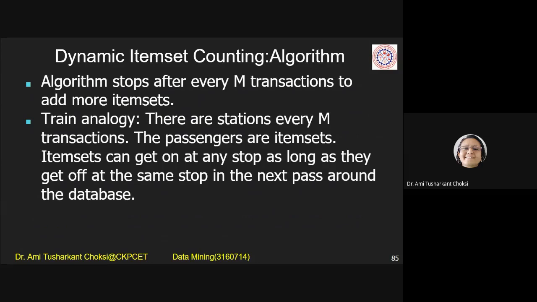The algorithm stops after every M transactions to add more item sets. For the train analogy, there are stations every M transactions. The passengers are item sets. Item sets can get on at any stop as long as they get off at the same stop in the next pass around the database, right?